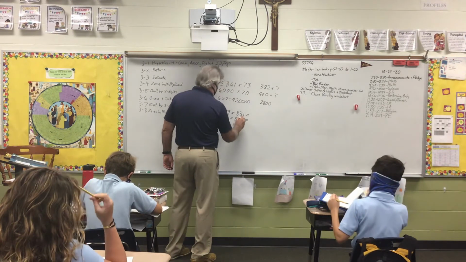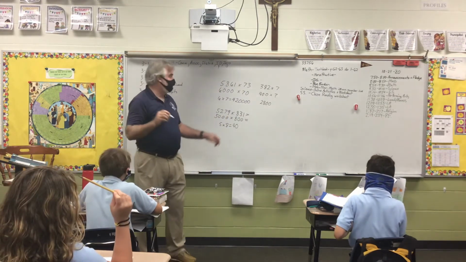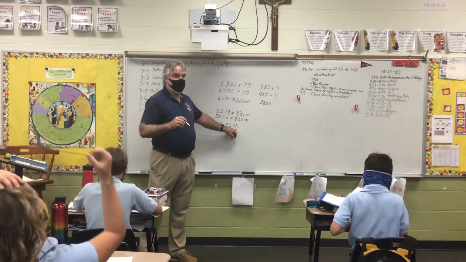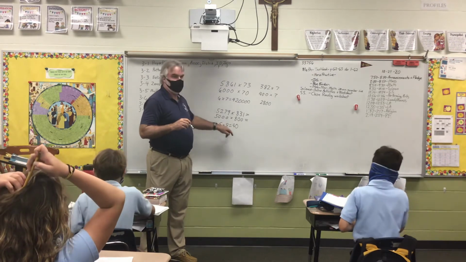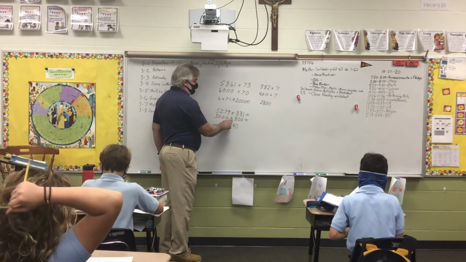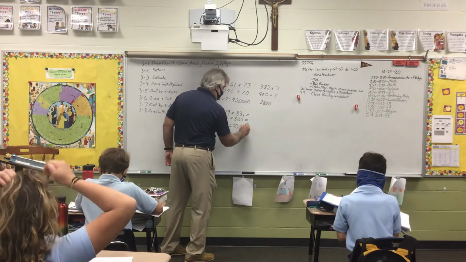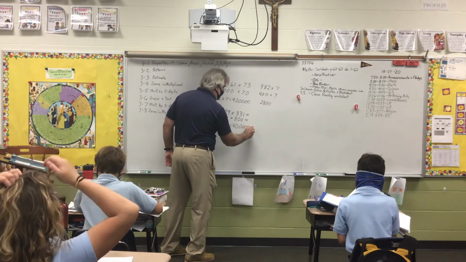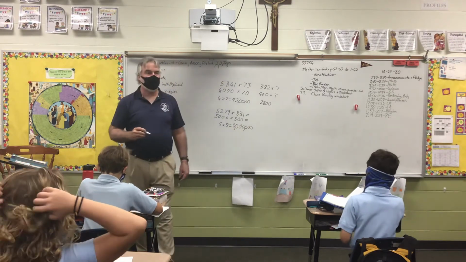Still at the 5. 1, 2, 3, 4, 5. Even though I have a 0 here, that one does not matter because that's part of my basic fact. I still have to go through 1, 2, 3, 4, 5. Add those 5 in. Okay?